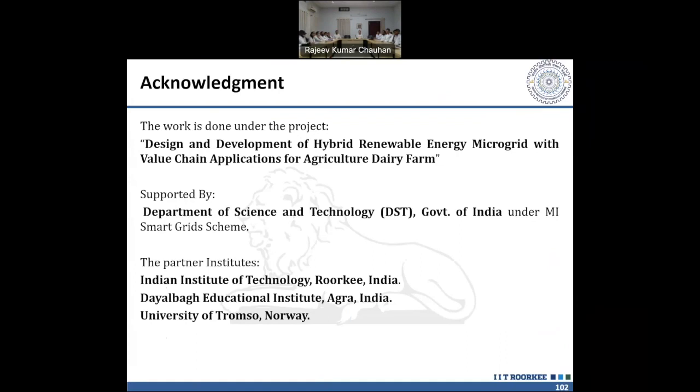This is part of the same project which we have visited: design and development of the hybrid renewable microgrid with value chain application for agriculture. The project we have visited, this is a part of it.